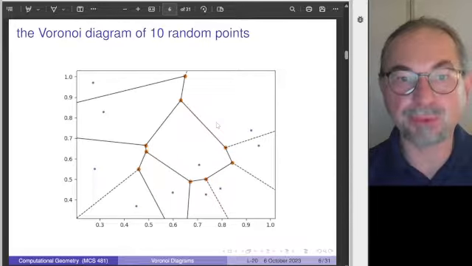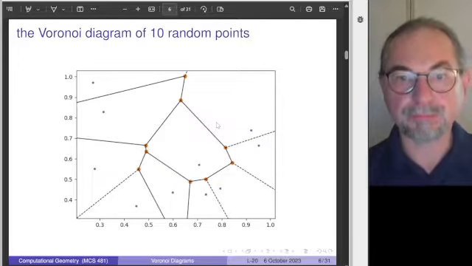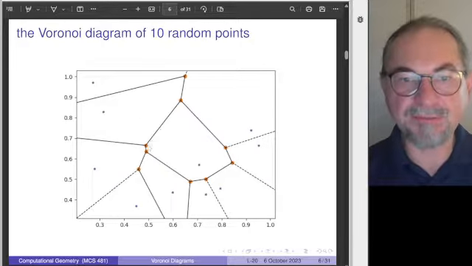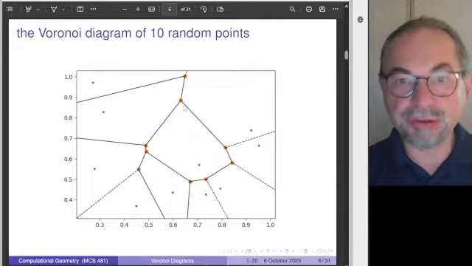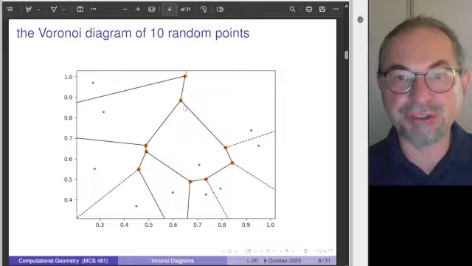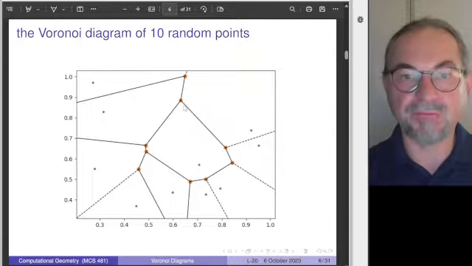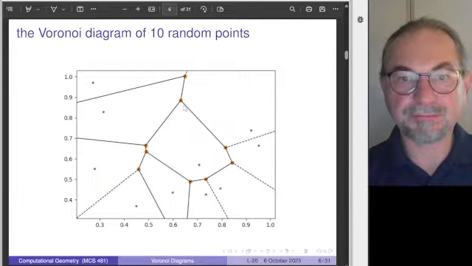So the random points are marked in blue. We have the lines, so these were the white lines, that are the edges of what we will call the Voronoi cells. In orange are the vertices of the Voronoi cells.